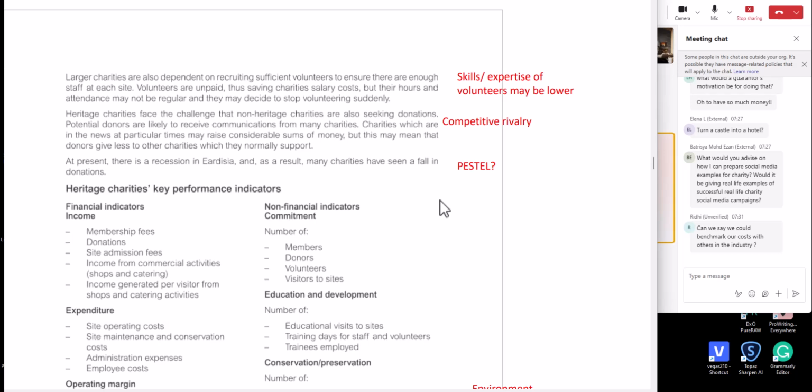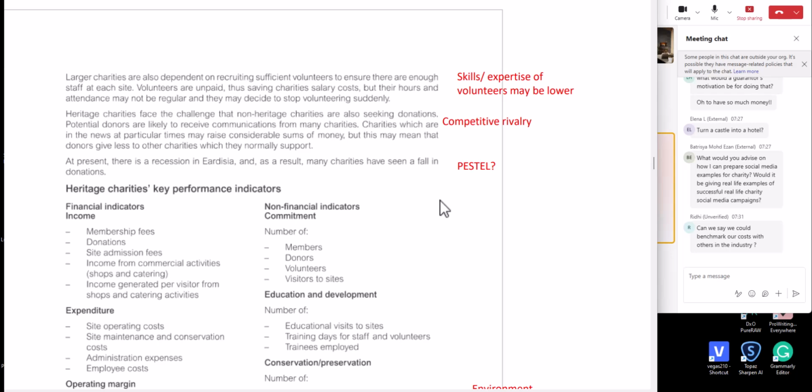You've got environmental, very important, and you've got legal compliance with the Charity Commission. So I was thinking of PESTEL, and actually when you think about it, it could make a nice PESTEL question if they're asking about the environment. So PESTEL seems to be a better fit for me than the environmental question.